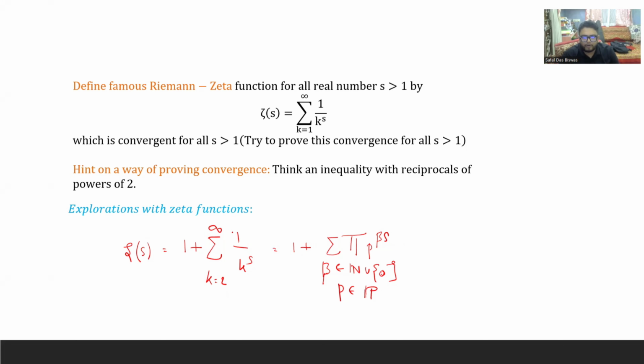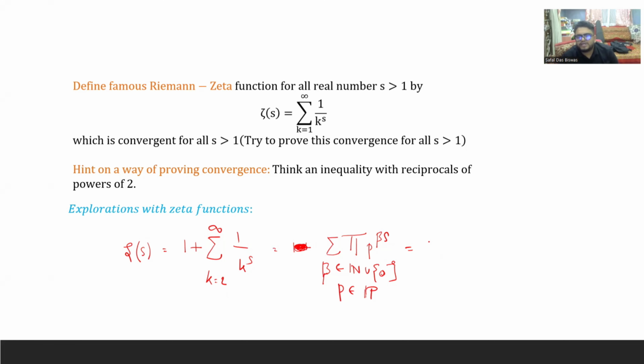You can cover all these integers, right? And you can just delete this 1, because you are allowing 0 here. You can take all exponents 0, and that will be just 1.